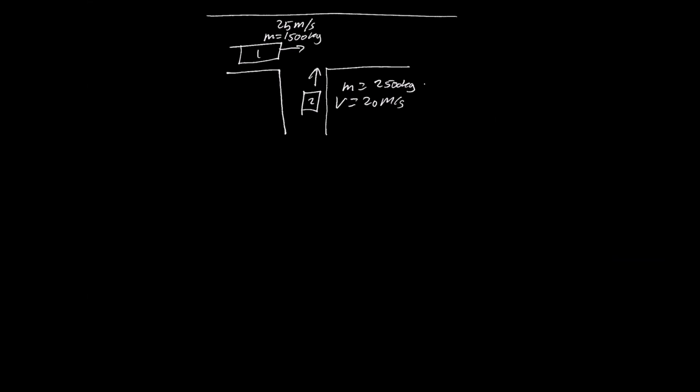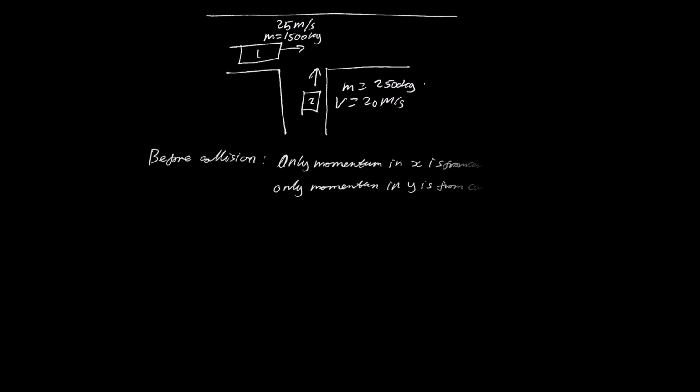So there's our situation. There's the diagram you'd want to draw for yourself. And remember, we're trying to say that momentum is conserved, that Pi, initial momentum, is equal to Pf, final momentum. So the only momentum in the x is from car 1, and all the momentum in the y is from car 2.